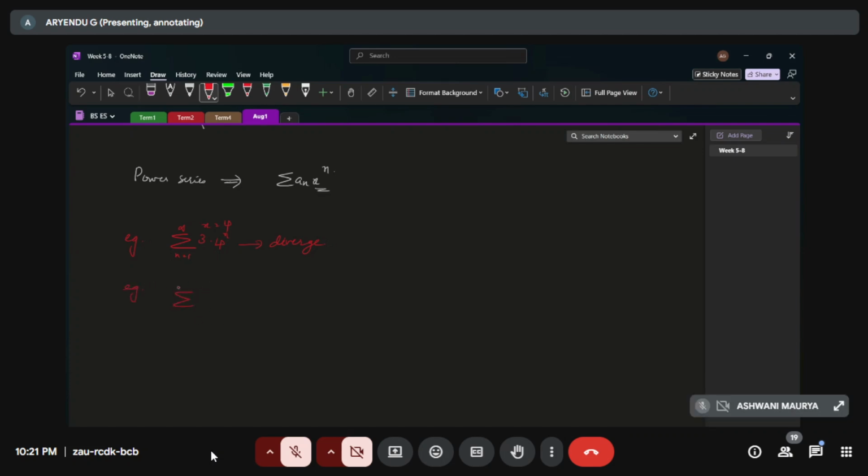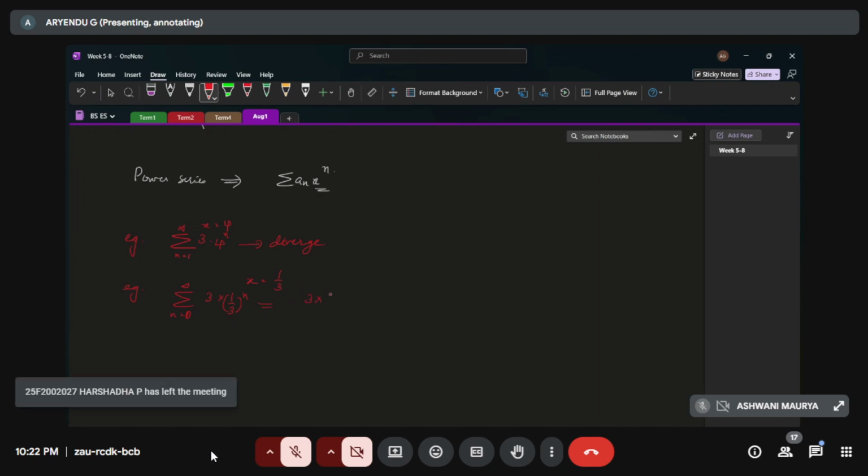But if you take a different format, you take the same one, 3 into x raised to n, and you take the value of x as 1 by 3, so 3 into 1 by 3 raised to n, then you can see that this value will not be going up and up.